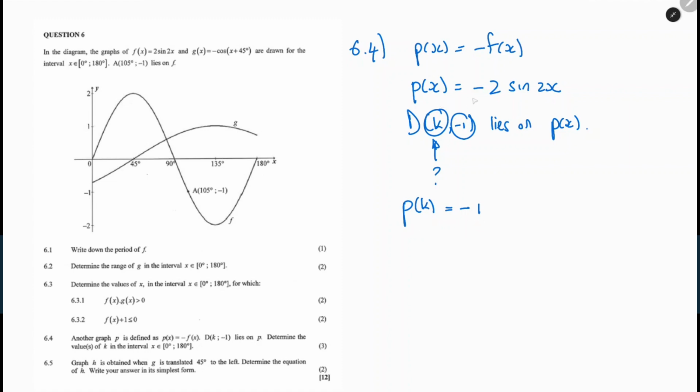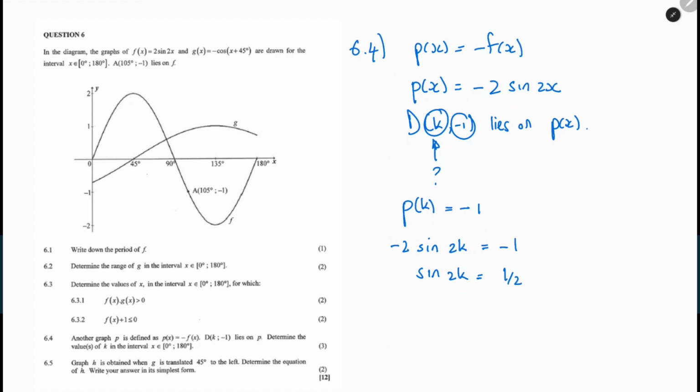Now we know what P looks like. So that means that minus 2 sine 2k is equal to minus 1. I'm going to divide both sides by minus 2, so that factor over there. So I'm going to get sine 2k is equal to minus 1 over minus 2, and that's just the same as 1 over 2.